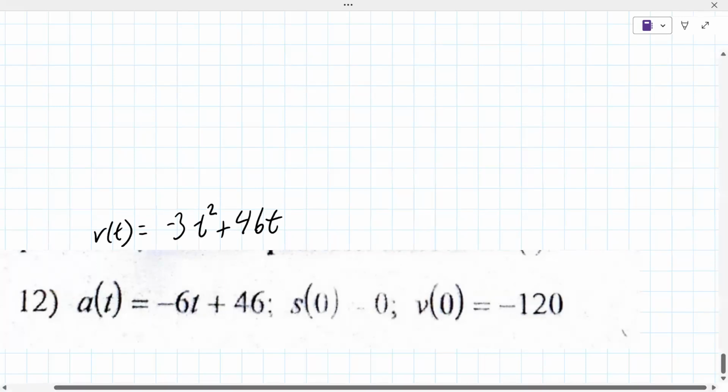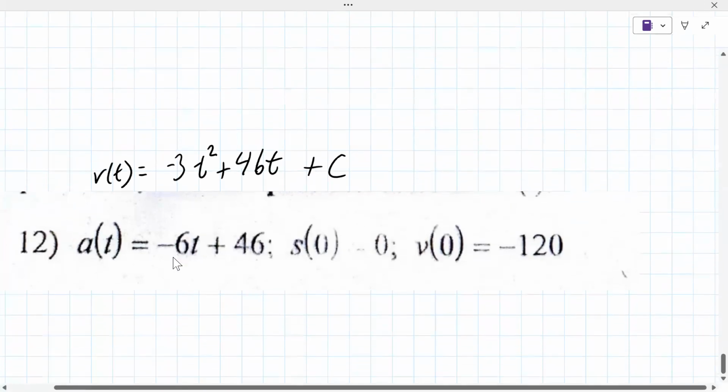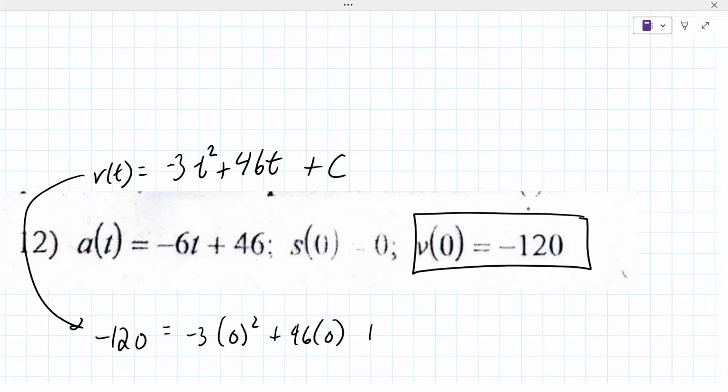Very good. Now they give you this initial condition because there is a plus c. So this time we actually do have to deal with that. They're giving you this initial condition here. So we'll do that down here. So negative 120 equals negative 3 times 0 squared plus 46 times 0 plus c. What is the value of c? 0.